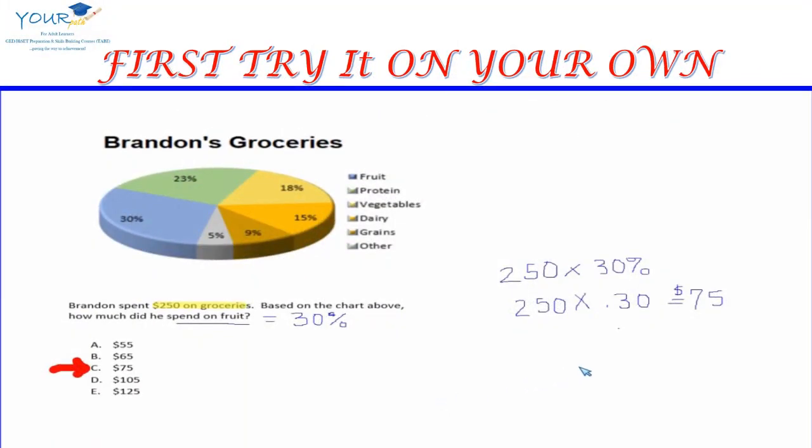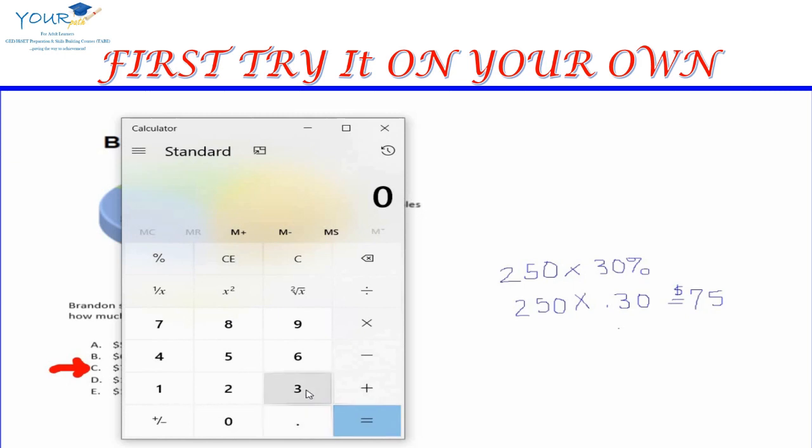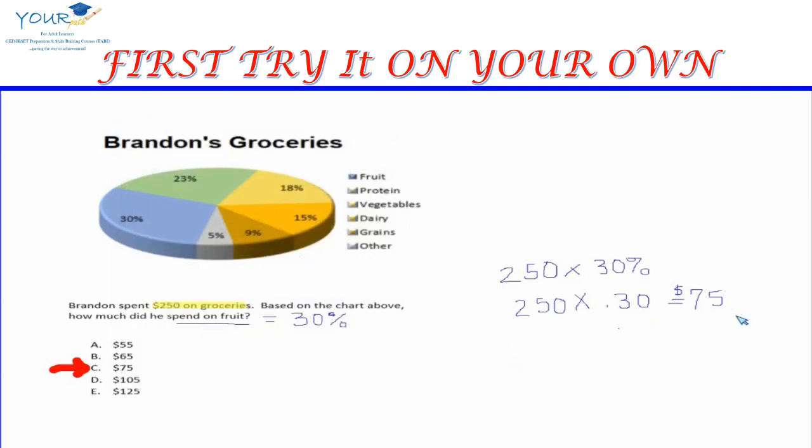So now, if you are not familiar with how to change your percentage into a decimal by moving it two places over, if you recall in school, if you were to take 30% and divide that by 100%, you will actually convert it into your decimal, which is 0.30, what we have here. Another thing is that we can actually check our answer to make sure that we came up with the correct answer.